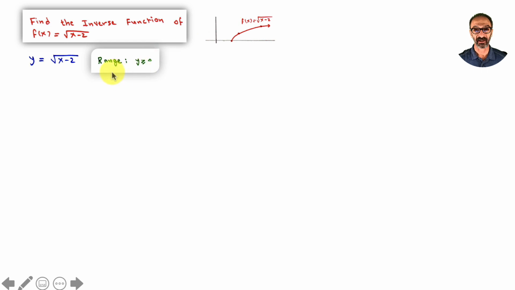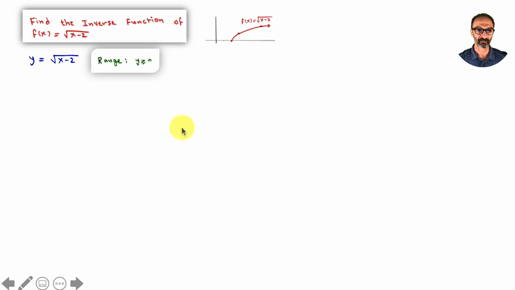When you find the inverse, that will be your domain. Remember how many times I said your range becomes your domain and your domain becomes your range? If this is my function and this is my range, once I find the inverse, this is going to be my domain. From 0 up, that's going to be my domain.